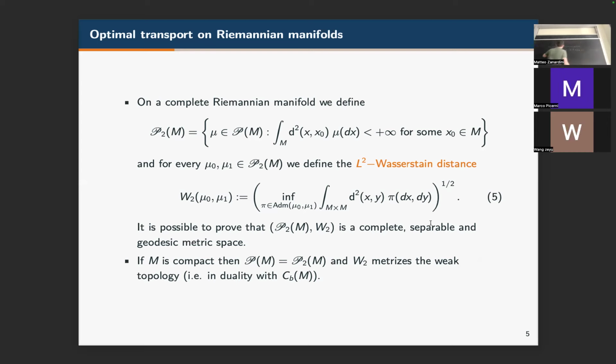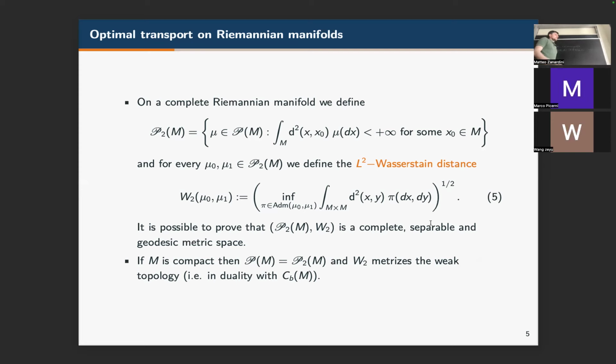And this is just a fancy way to denote that this curve on measures connects the measure mu naught and mu1. So for every mu naught and mu1 in this kind of space, you can find a curve of measures that connects both and satisfies this.